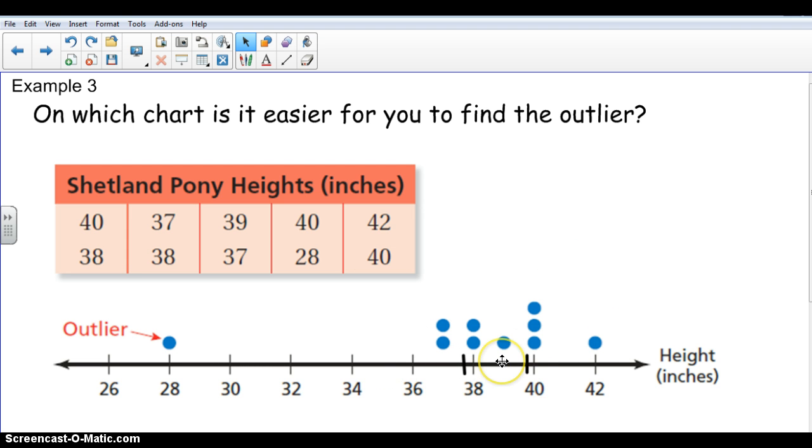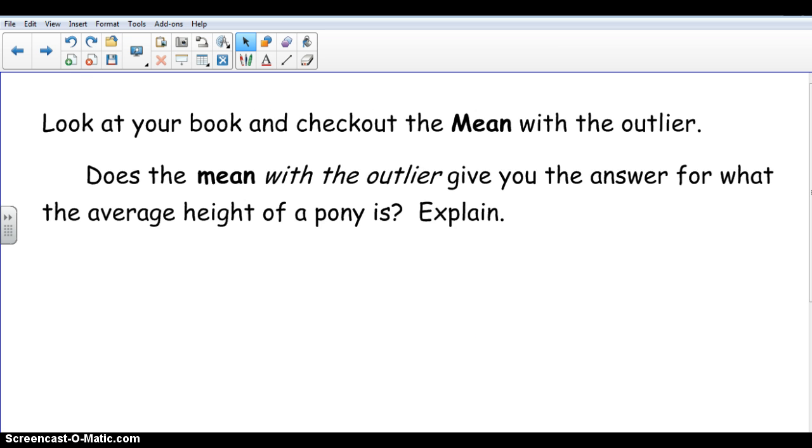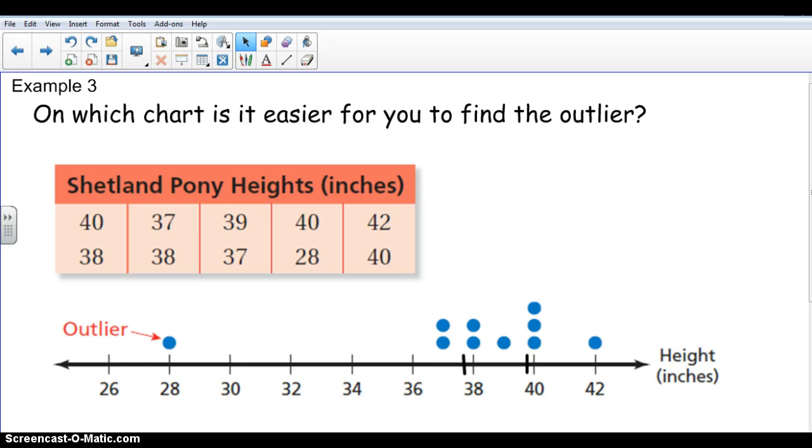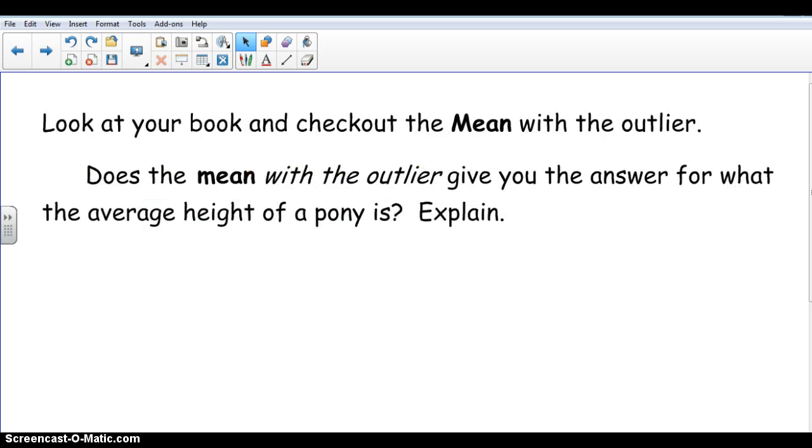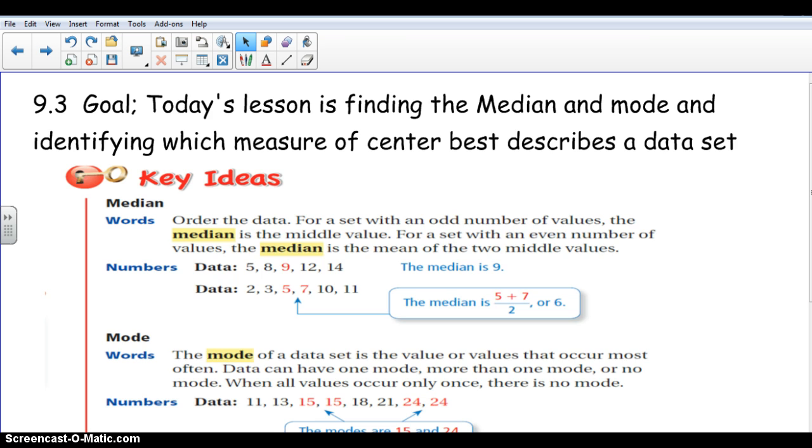So your answer should be without the outlier. Okay, here's what I was just talking about, is that the mean can be figured out with or without the outlier. In this case, it makes more sense to not use the outlier to get a decent answer.